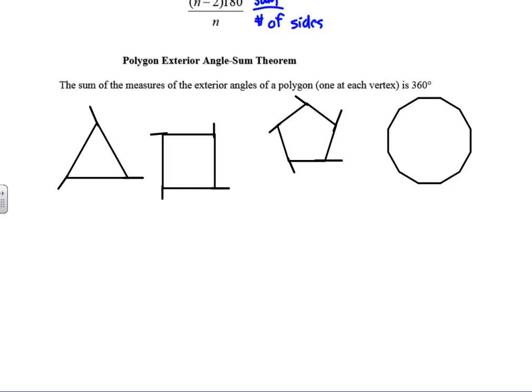As you go around here, you start to realize that the more sides you get, the more it starts to look like a circle. All right, I'm not going to keep on doing that, but I think you get the point. So the sum of the exterior angles of a polygon is always 360. It doesn't matter how many sides, it's always 360.